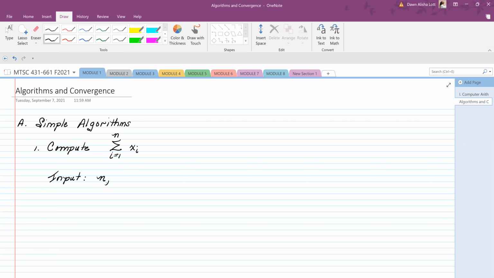Okay, so maybe we have an array that is n by 1, where array at i is equal to x at i.